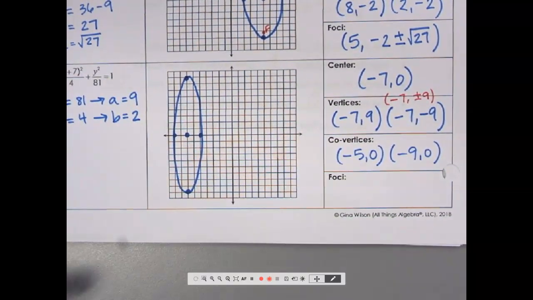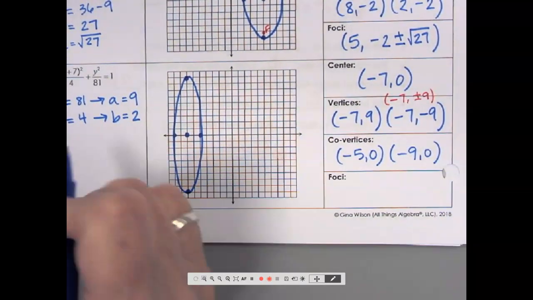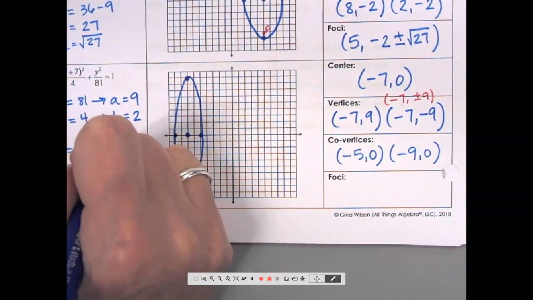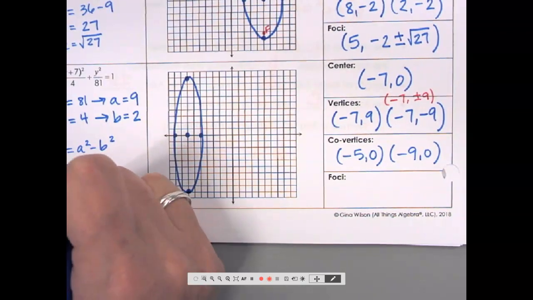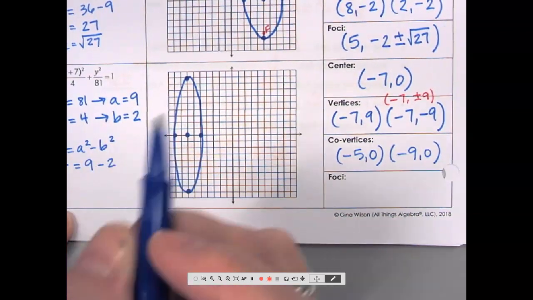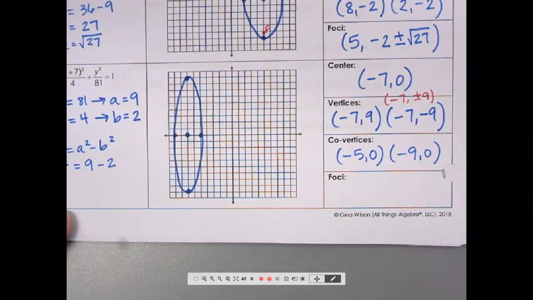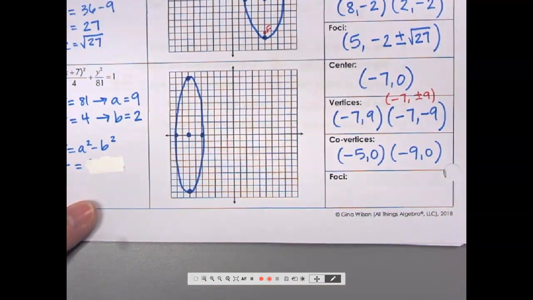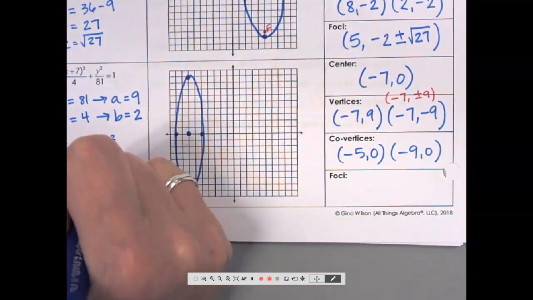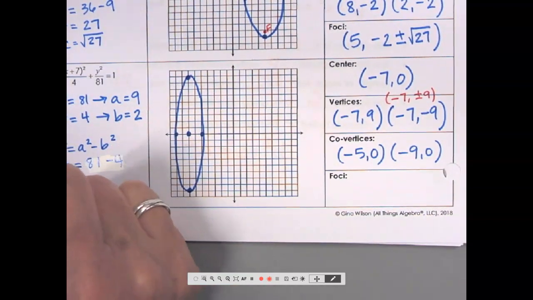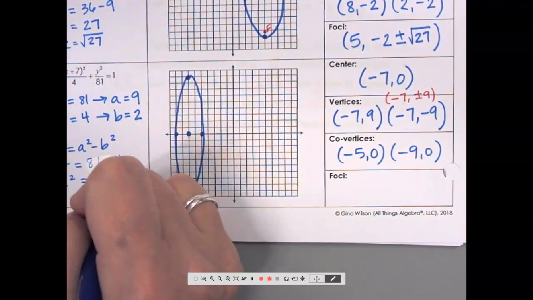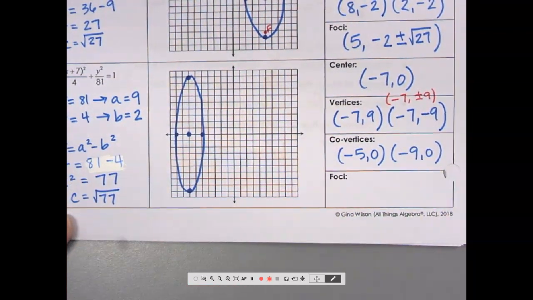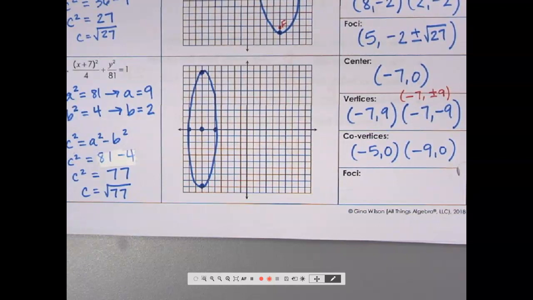And then we find the foci. All right, you guys find c and I'll find c. Check up here when you get it.